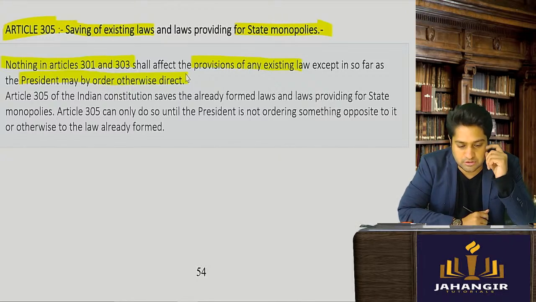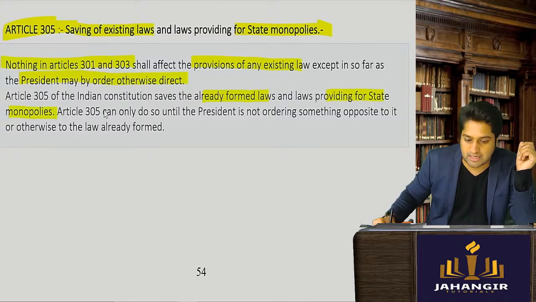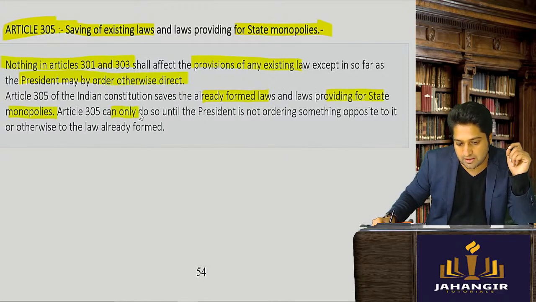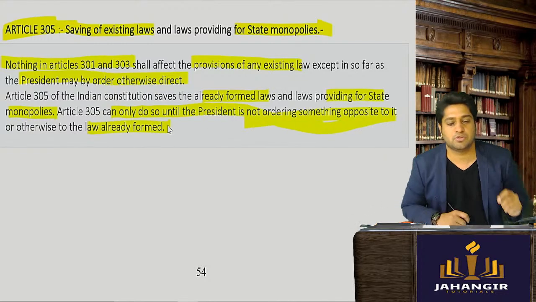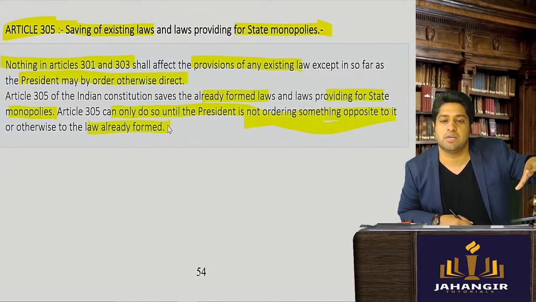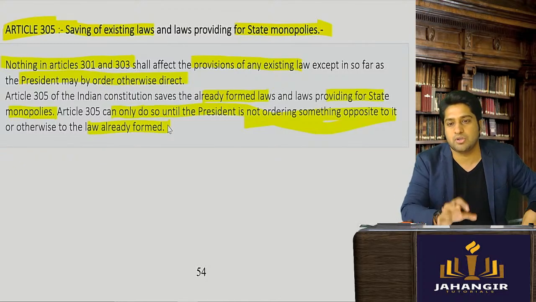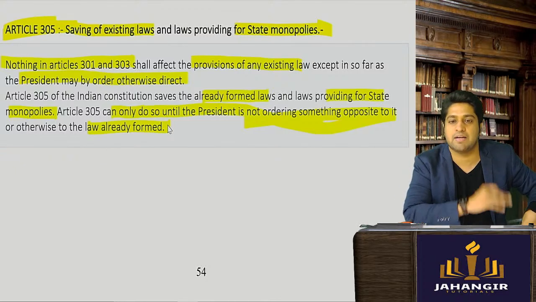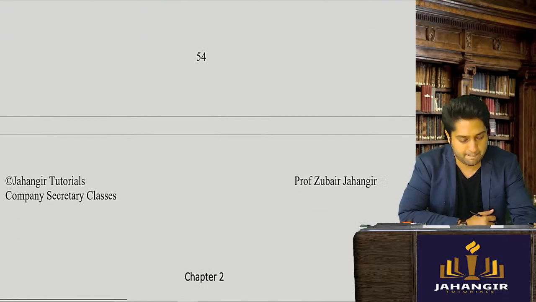Save means we save all the laws which were talking about state monopoly unless the president has stated otherwise. So state monopolies for whatever laws were passed will be valid.